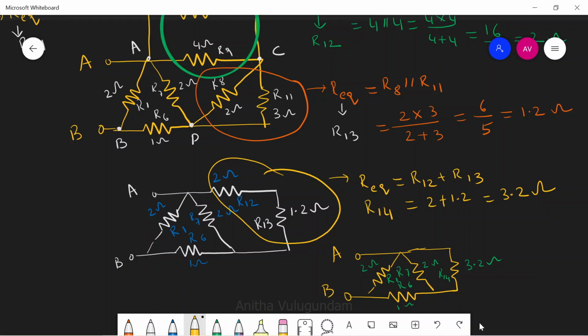Now from the figure we can see these two are in parallel. Current division takes place like this. So we can say these two are in parallel.